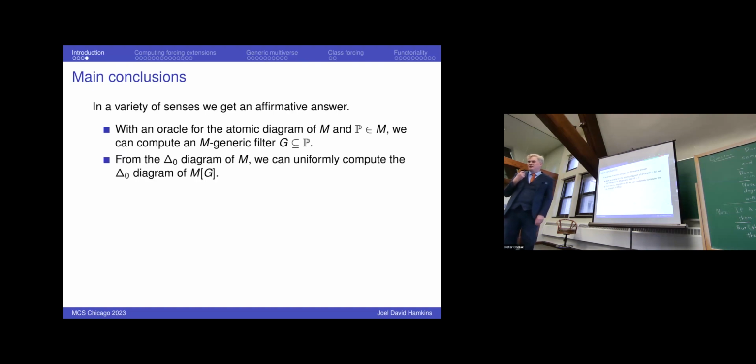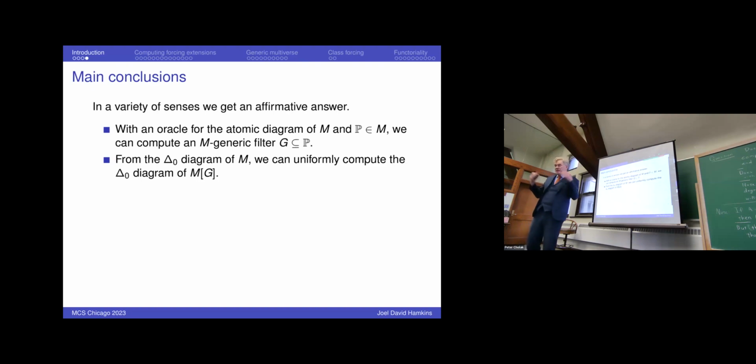If we have the delta zero diagram of M, and since I'm talking with computability theorists, let me emphasize that I'm talking about the set-theoretic notion of delta zero here, not the arithmetic notion. It's very different from a computational point of view, because in arithmetic, in the natural numbers, if you know the atomic diagram, you can compute delta zero truth because all the quantifiers are bounded.